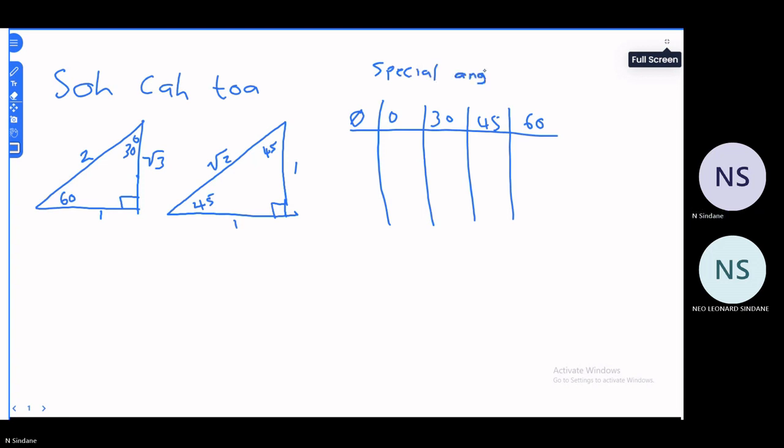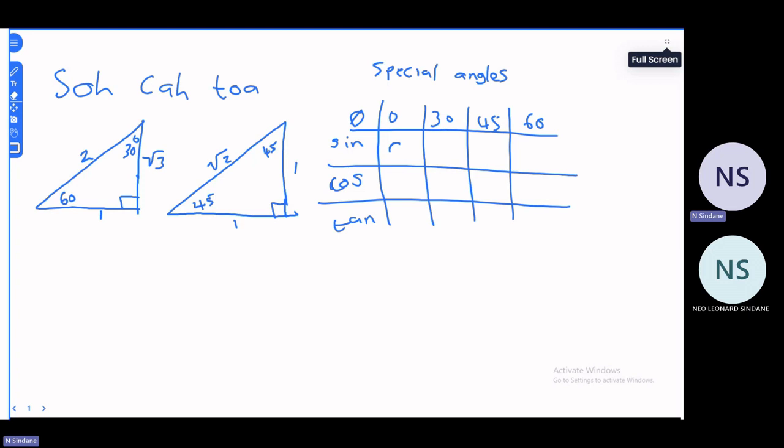Now, here I'm going to have sine, cos, and then tan. When I say sine 0, I'm going to get 0. When I say cos 0, I'm going to get 1. And when I say tan 0, this is 0.